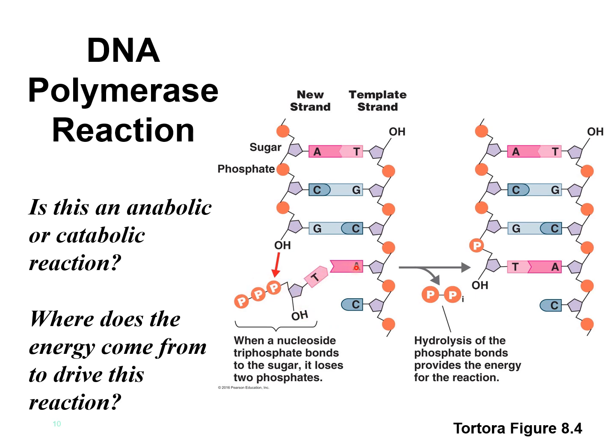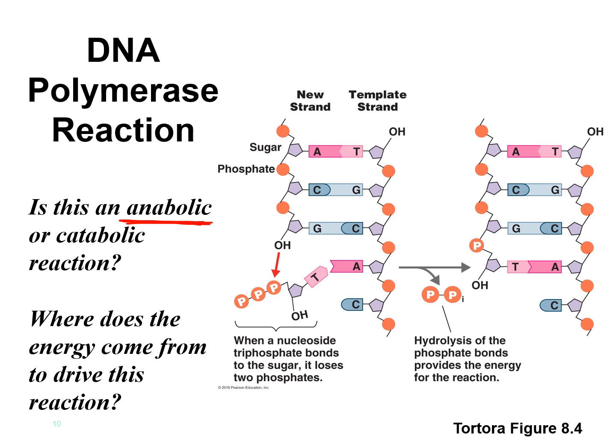We've got a T to go with that A on the old strand. And answering our questions here, is this an anabolic or a catabolic reaction? So we're making this new strand and we're making it bigger, right? We're making it longer. So this would be an anabolic reaction, right? Because we're making a larger molecule.